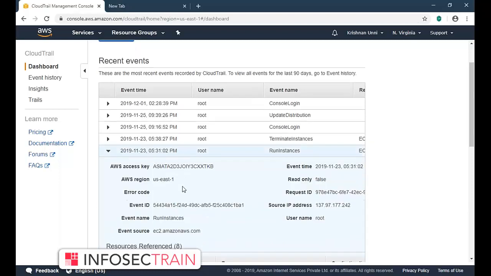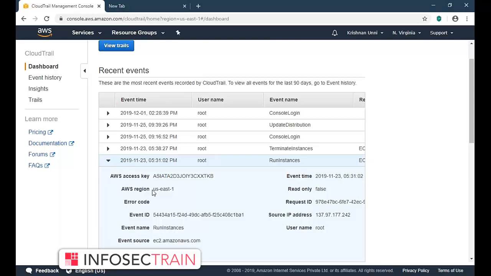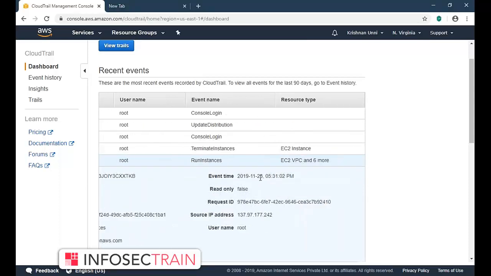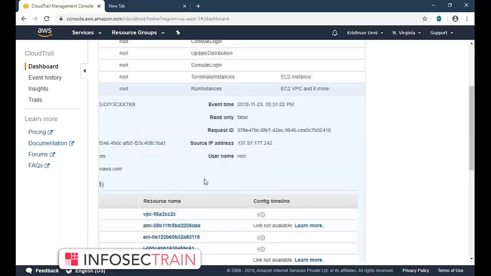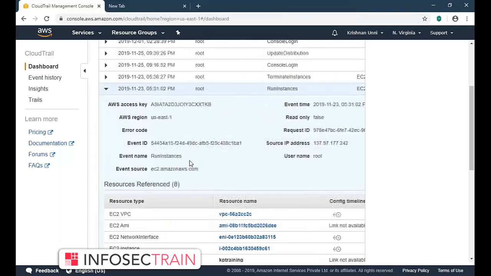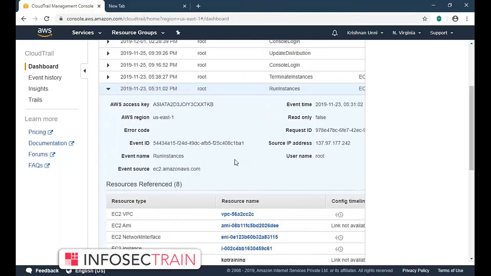So you can see that a person from this AWS region, at this time, 5/31, 23/11/2019, from this source IP address, has created a server in AWS. And this is the user in AWS who did that. So who, what, where, when? Who made that change? Where did that change occur? Or what thing did he do?